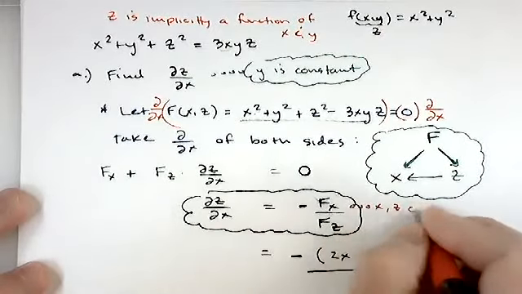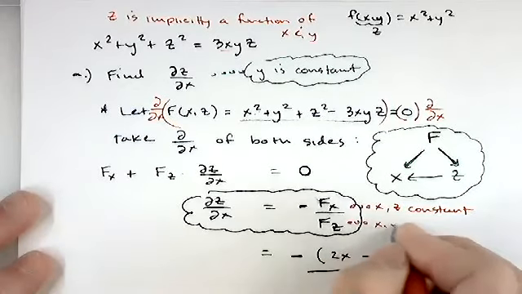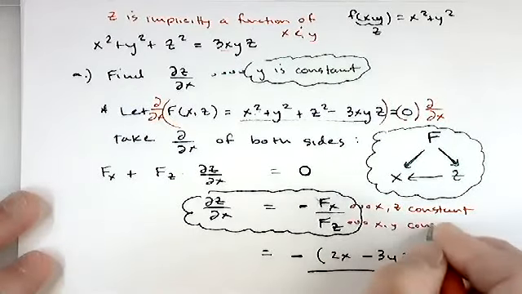So if I'm doing f sub z, then I'm treating x and y as constants. So my f sub z would just be 2z minus 3xy.